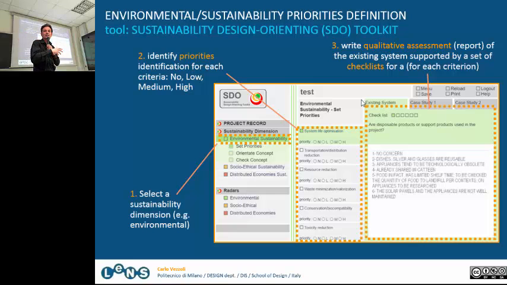So system life optimization is key important. So we define priority in relation to each of those criteria. So maybe system life optimization has a high priority, toxicity no priority, and resource reduction medium priority, and so on. And this will be very helpful for us right after, when we will be designing, because we understood which is most important to follow, as a strategist, where we have to put more attention.